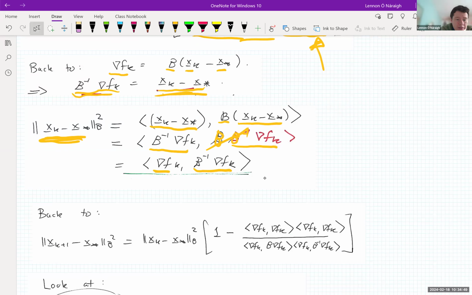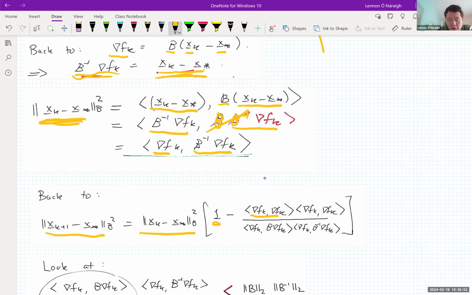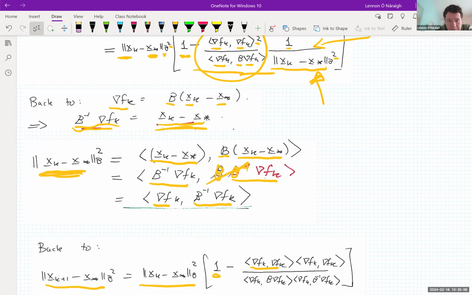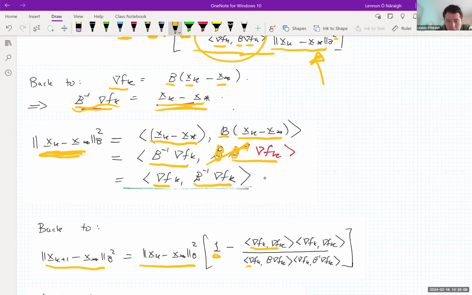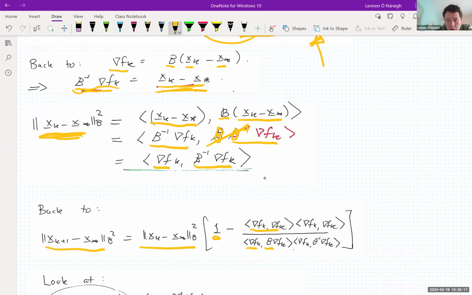So the B norm of xk plus 1 minus x star squared is equal to the B norm of xk minus x star squared into 1 minus what I had before, grad f scalar product with grad f, over grad f scalar product with B grad f, and then I have the grad f times B to the minus 1 grad f.